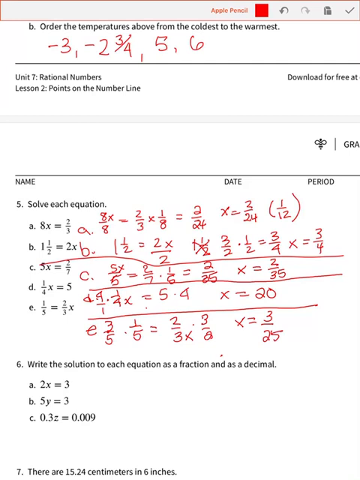No, you get x is equal to... I'm sorry, I messed that up. 1/5 is equal to 2/3 x.